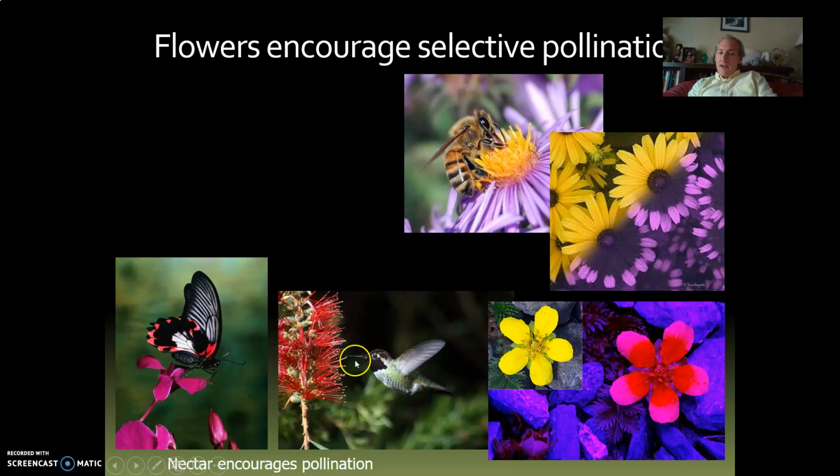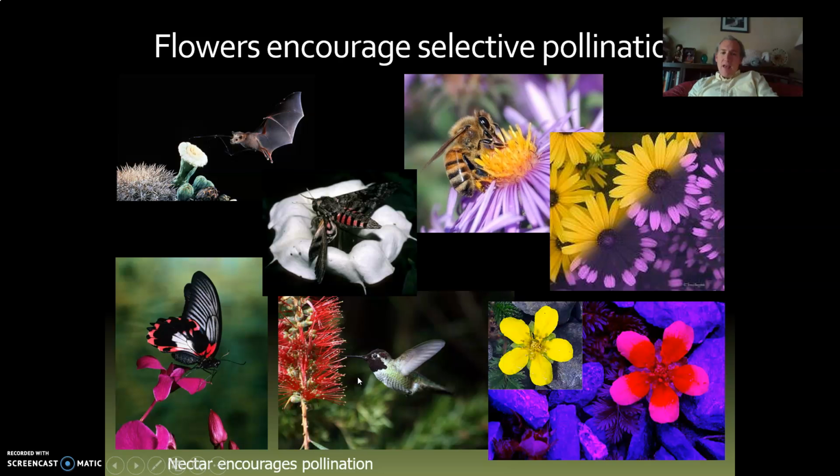The hummingbird pollinated ones tend to be red and crimson, with also a lot of nectar, but no landing pads. And then we've got the nocturnal ones that open at night and basically follow the same rules. Landing pads for the moths, which are very much like butterflies, and then no landing pad for the bats.